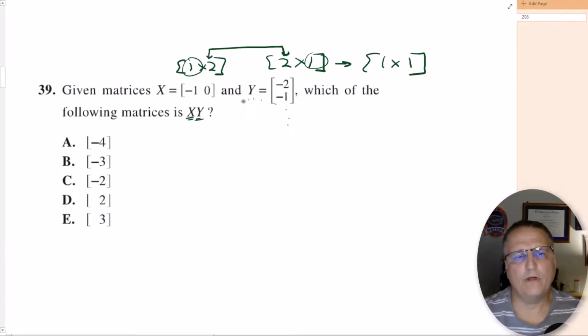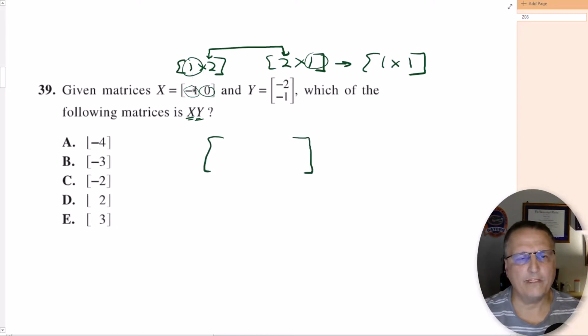Well, what we do in matrix multiplication is we take each one of the rows of our first matrix and we multiply each one of the elements of that row by the corresponding elements in the first column. So that means that my result here is going to look like this.